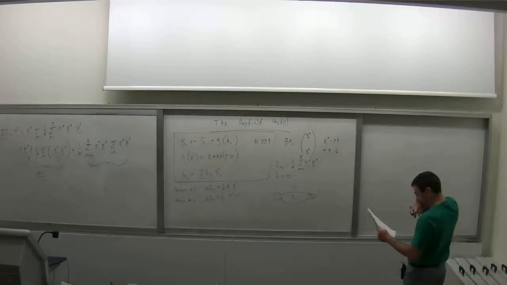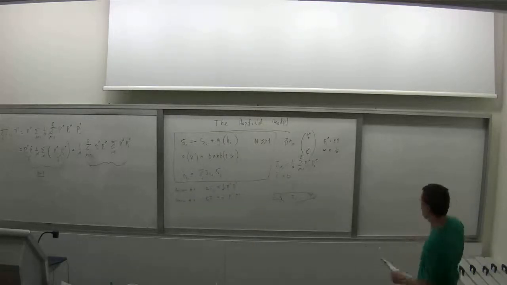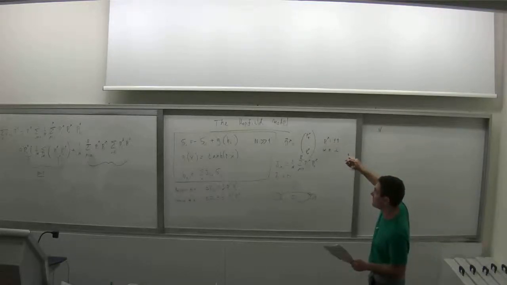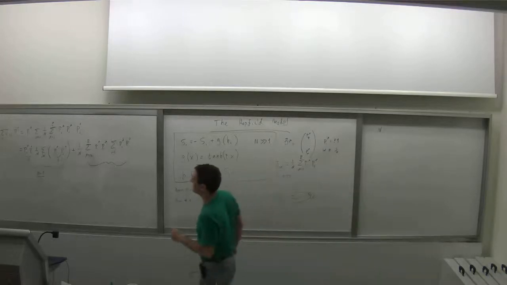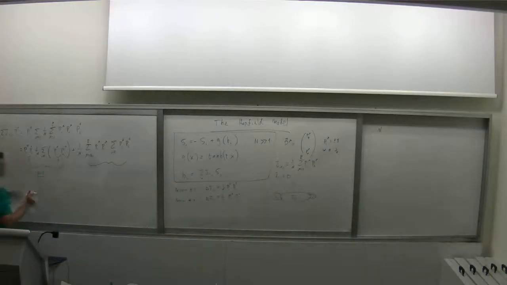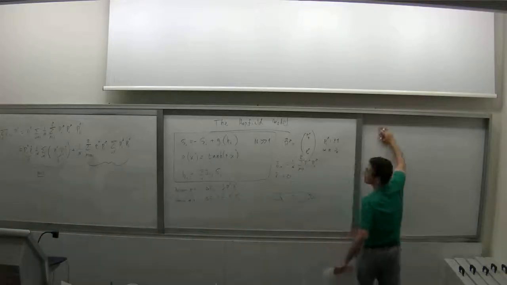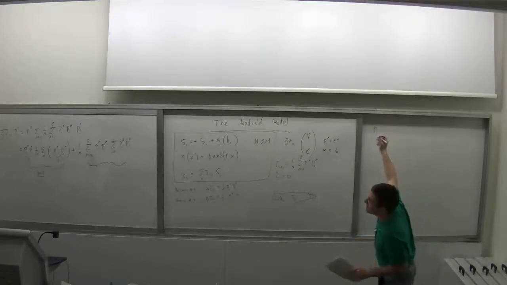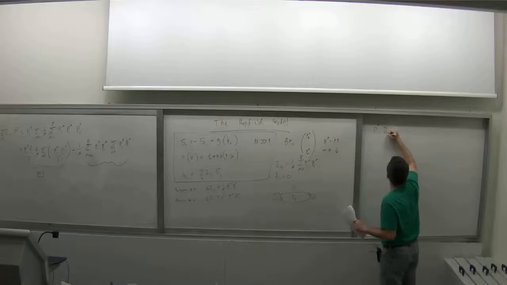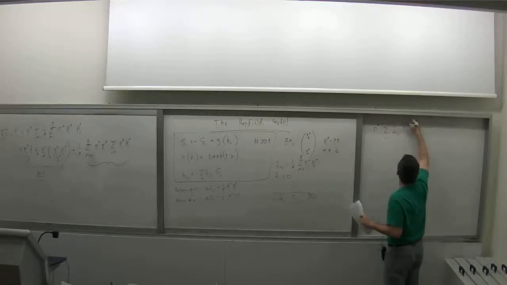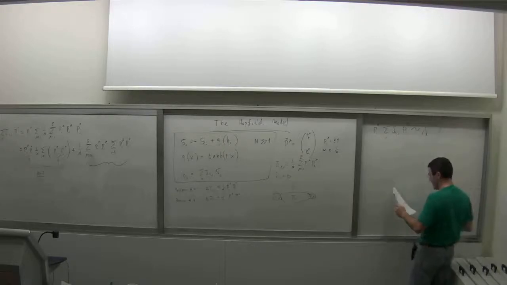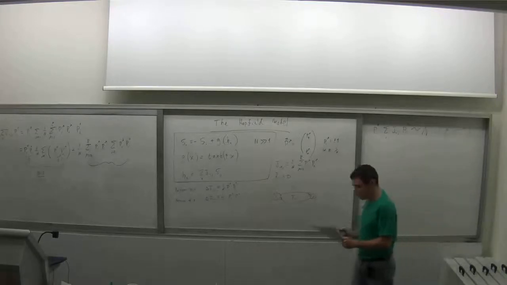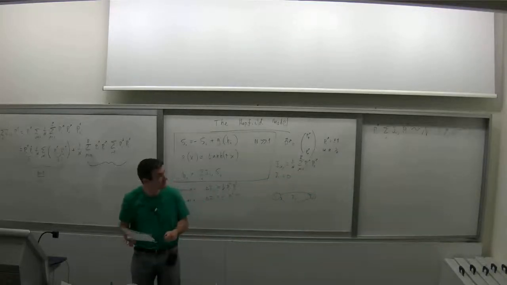So pi 1 times the sum over j of Jij pj 1 is normally distributed with some mean mu and variance sigma squared.